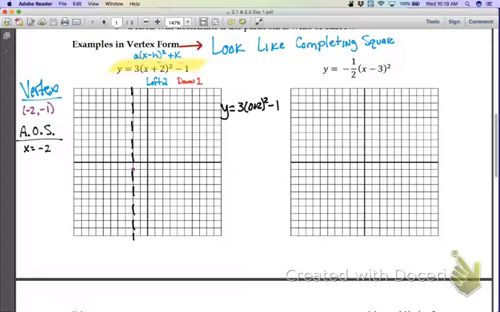You're just probably going to type this into your calculator and go on. That's completely all right. So 0 plus 2 is 2. So I have 3 times 2 squared minus 1. I have 3 times 4 minus 1. So y is equal to 11. Now, the problem here is I don't have 11 on my graph.